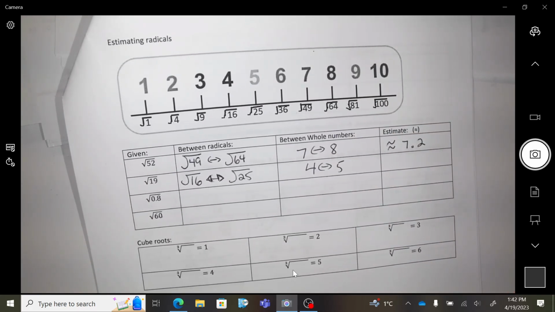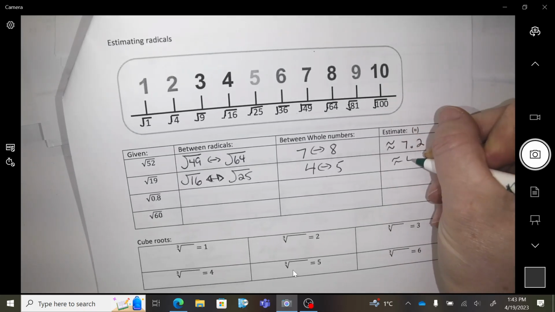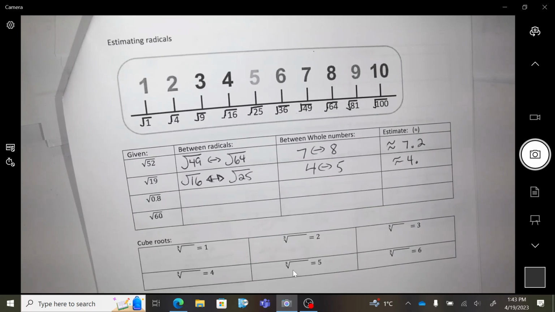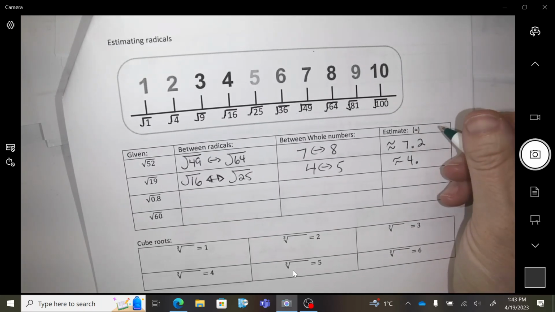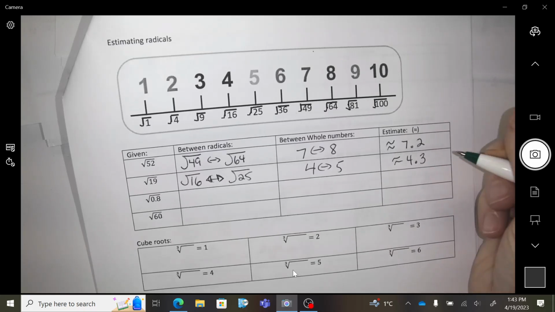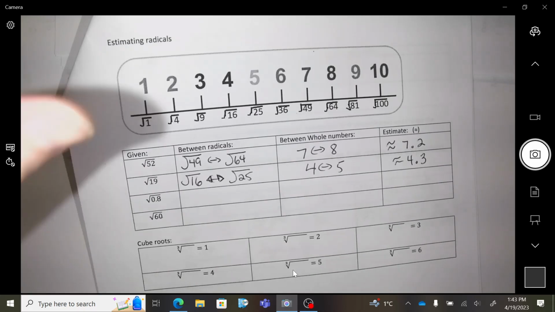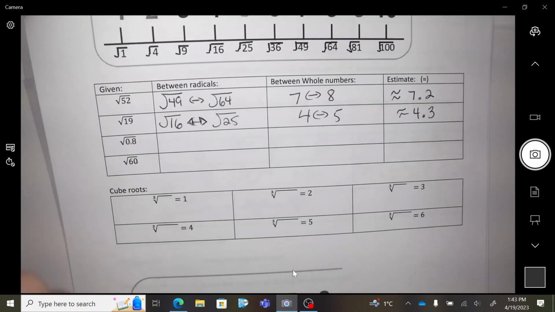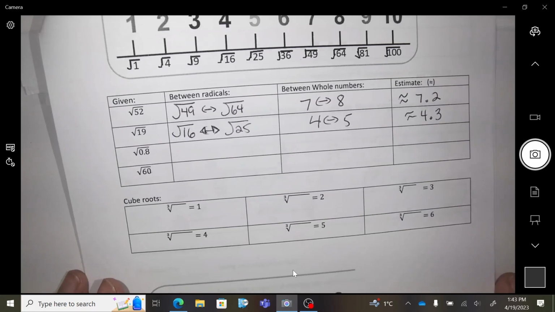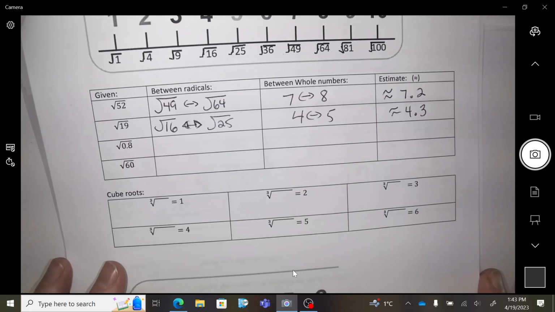It's going to be 4 point something. 4.3. 4.4 is pushing it. Is it 4.3?